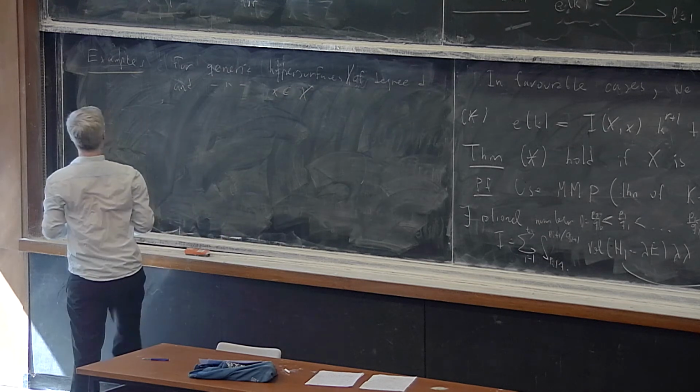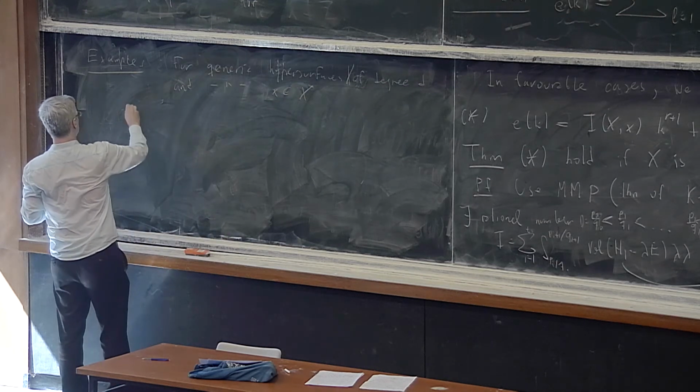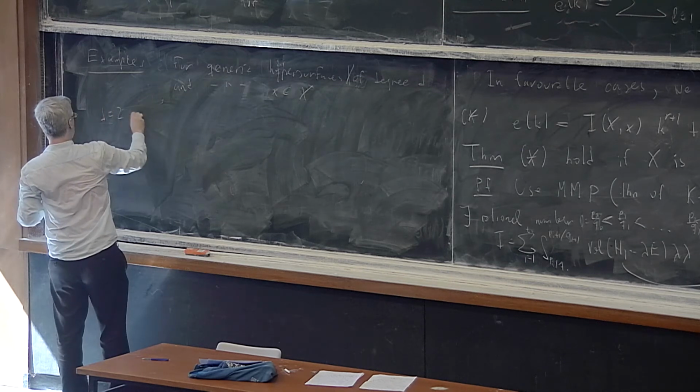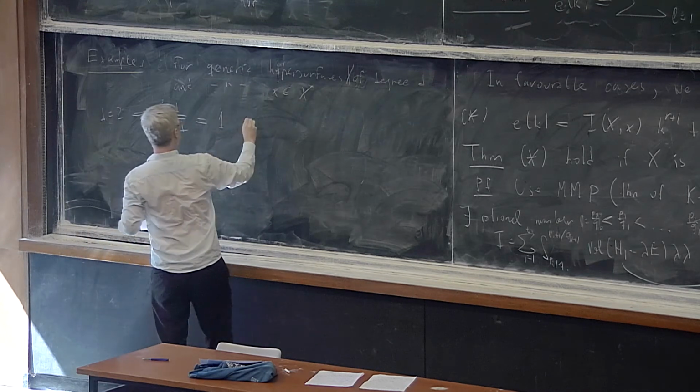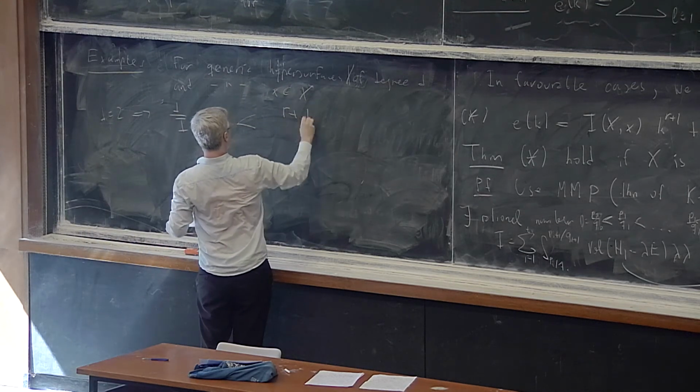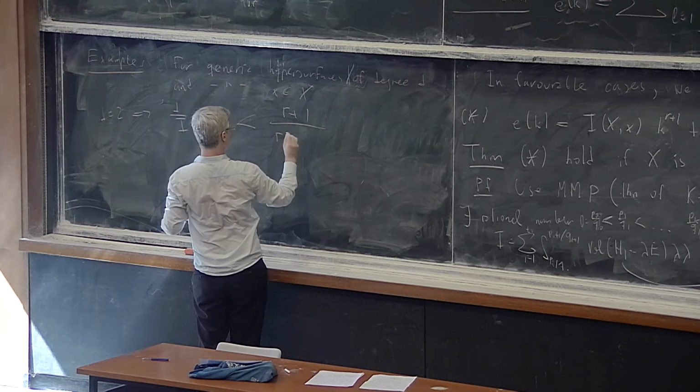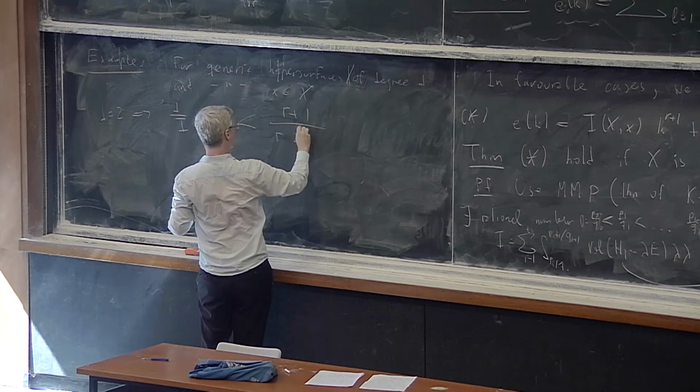So then you have that if d is equal to 2, this d of I is equal to 1, and this is now smaller than the r plus 1 divided by r times the r-th root of 2.